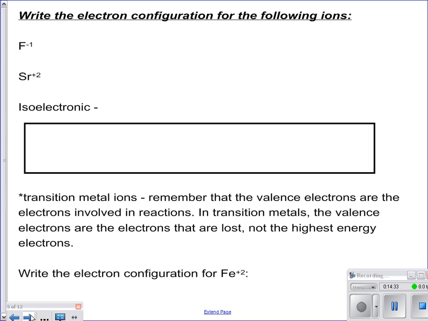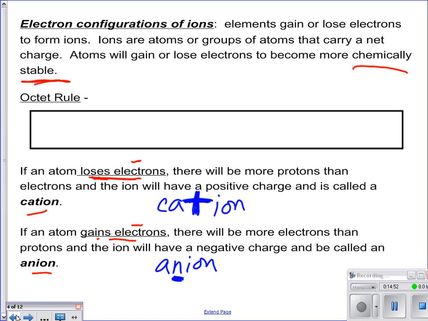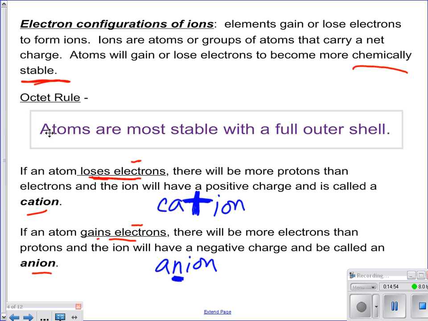So if we look at F, it's going to be 1s2, 2s2, 2p5. Well, according to what we just said, it will be more chemically stable if it has a full outer shell. Why is that called the octet rule?